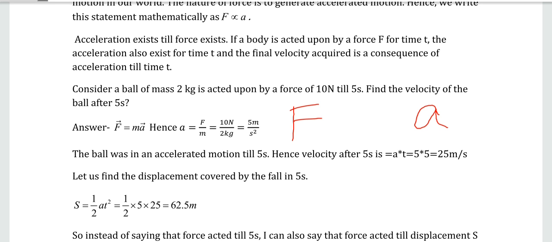Now a particular acceleration that will be created by a force will depend upon the mass of the object. So force is equal to mass into acceleration. Agreed? Intuitively it has to be mass.